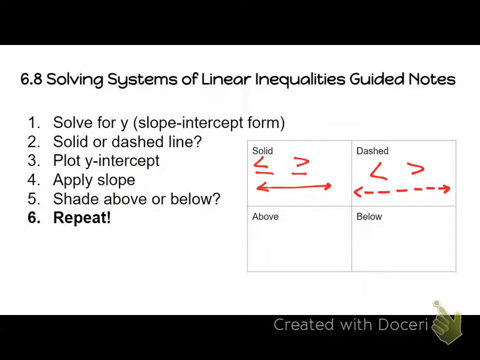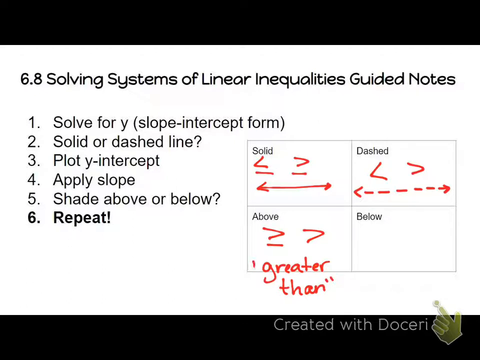So it says to shade above if it's a certain kind of sign. If it's a greater than, you're going to shade above the line. Wait, so I don't gotta plug in the points?